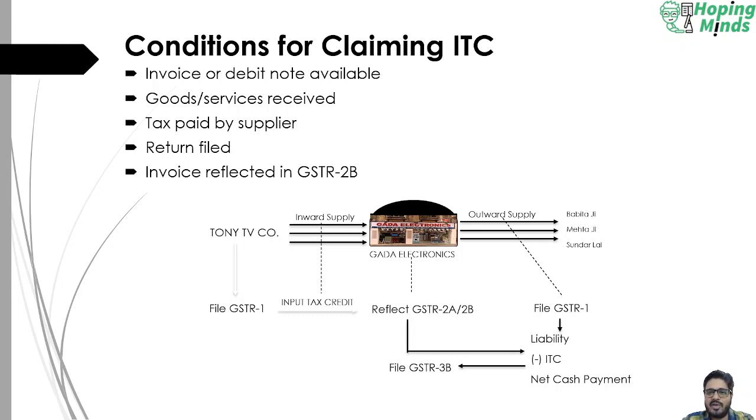Correspondingly, Gada Electronics further sold the goods to Babita ji, Mehta ji and Sundarlal ji. Against such supplies, Gada Electronics will raise its invoice and such invoice will contain the GST amount.